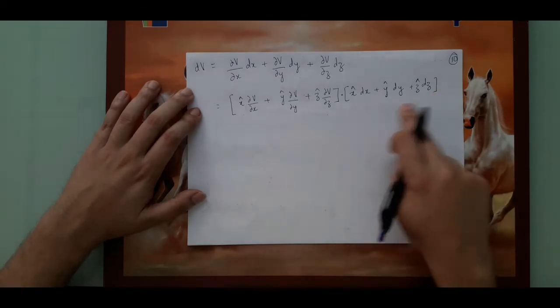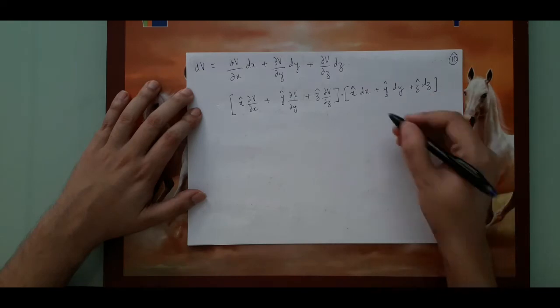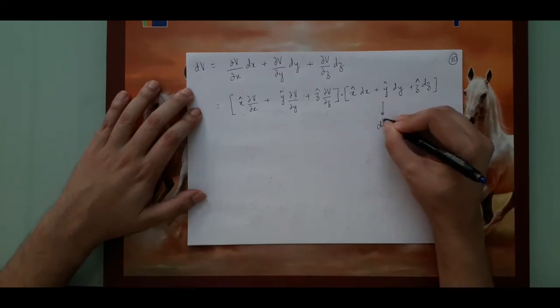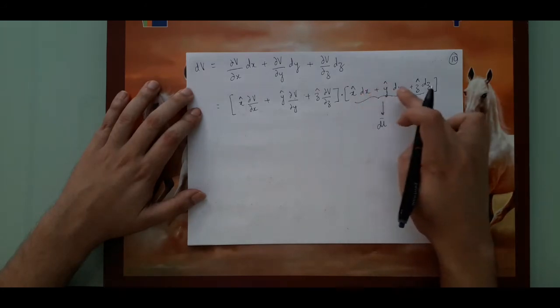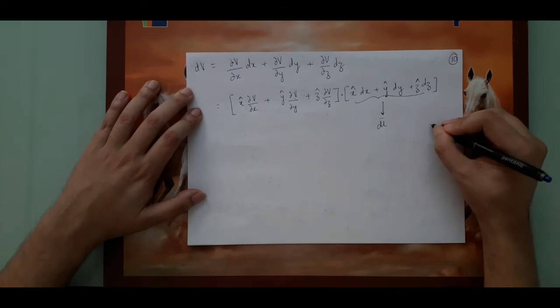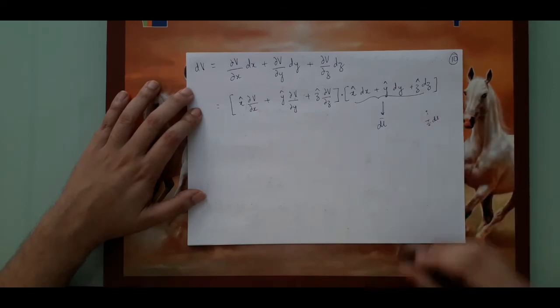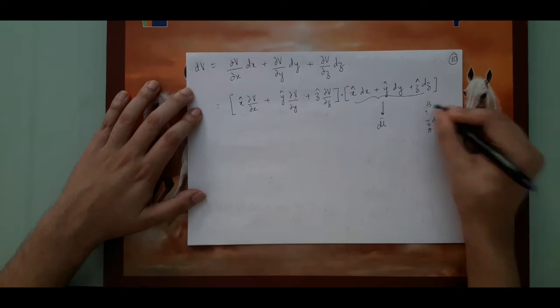So this vector I can write as nothing but dl bar, dl, because this dl will be a function of dx, dy and dz, but dl is indicating the small length along which we are moving from point A to B.